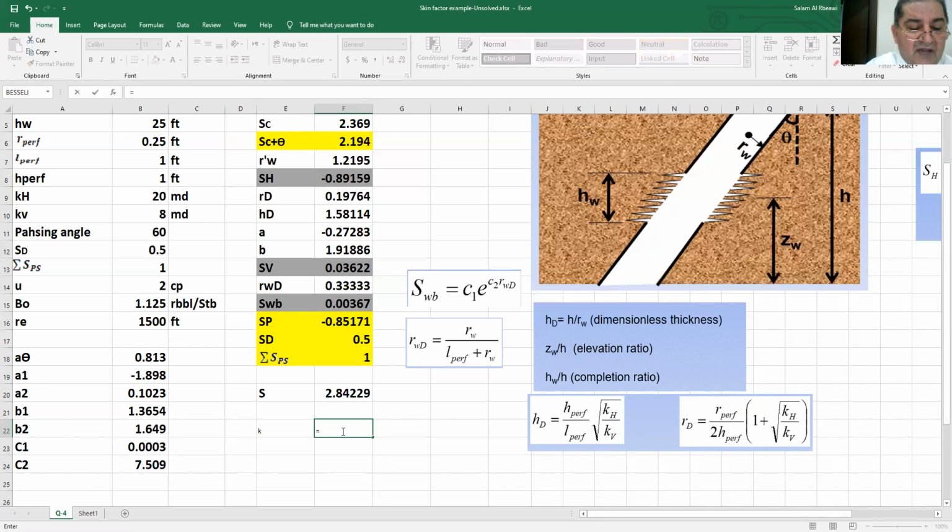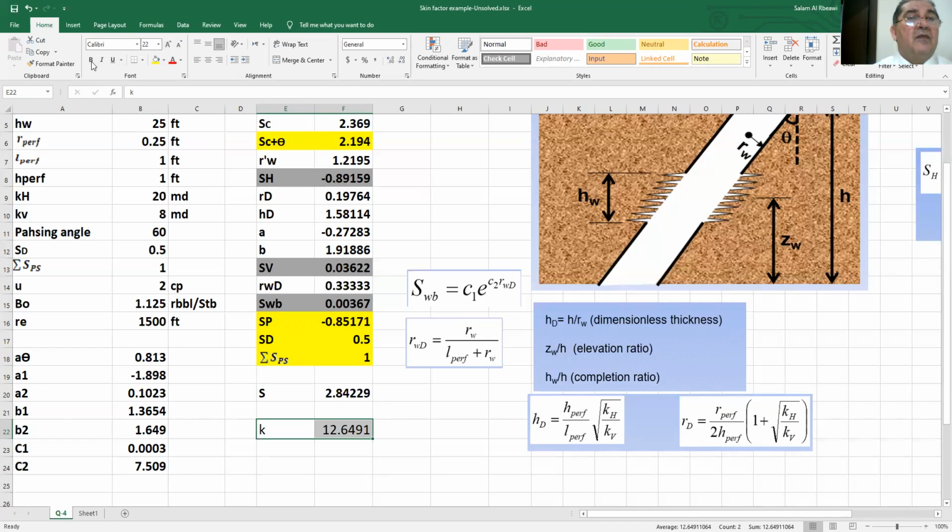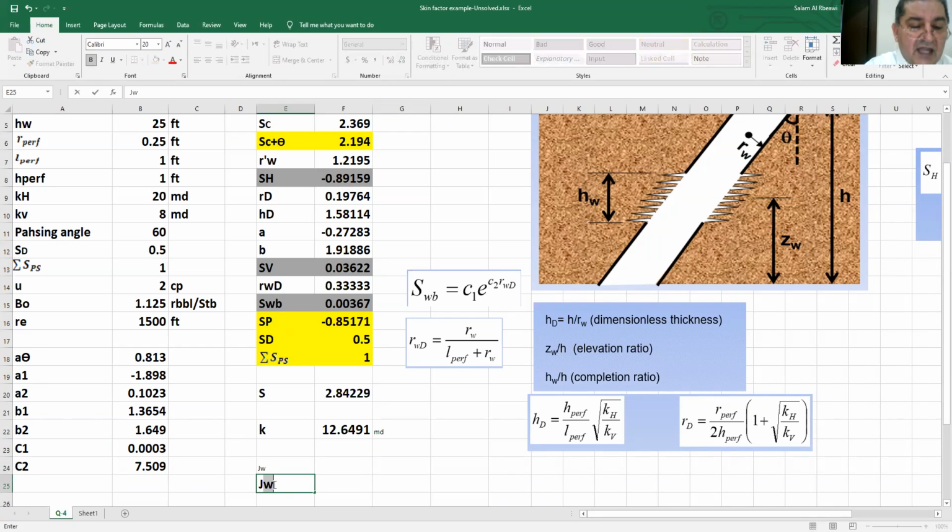We're going to assume that the average permeability is the square root of the vertical permeability times the horizontal permeability times the vertical permeability. See, this is the average permeability. This is in millidarcies. Now we can calculate J with skin factor and J without skin factor.